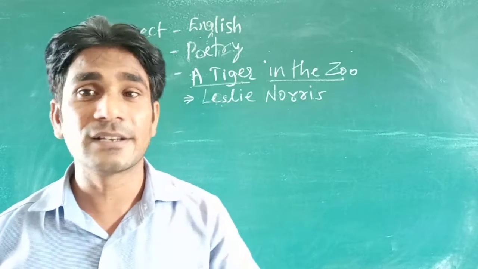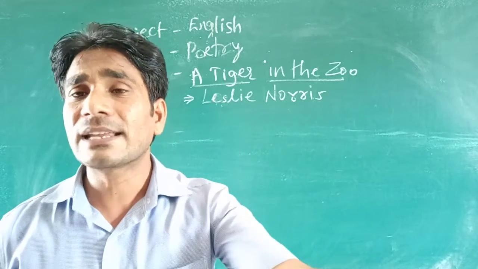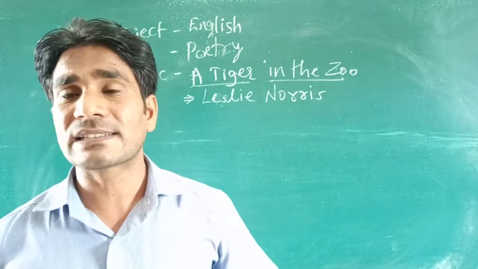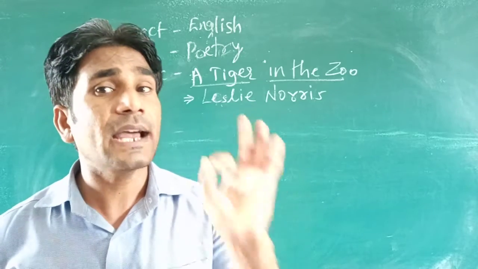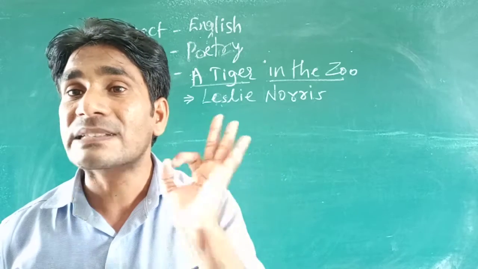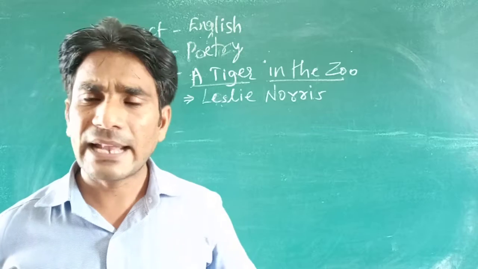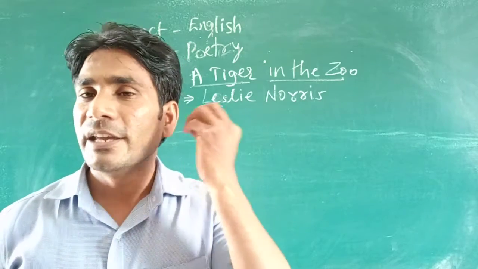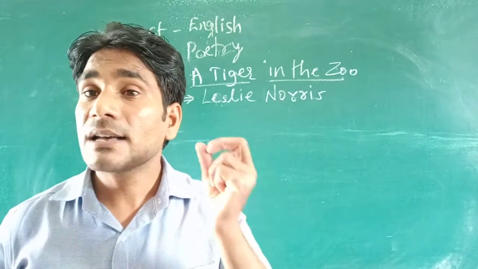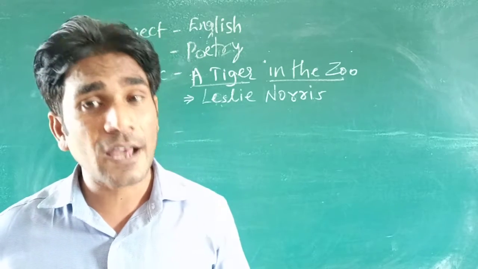But this tiger in the zoo could hear that last voice of night. That means that he could not have sound sleep in the cell. He could not have sound sleep, and that's why he could hear the last voice of the patrolling cars at night.